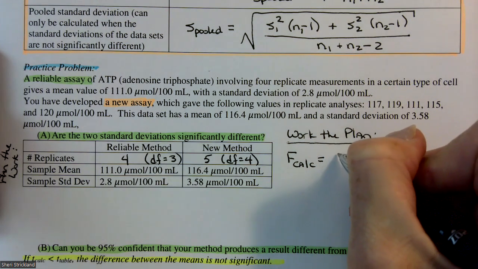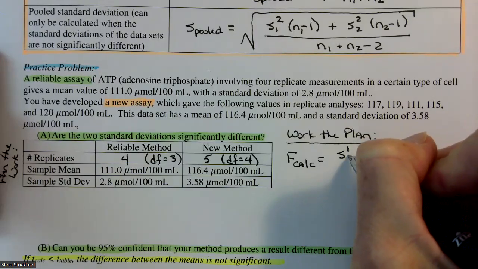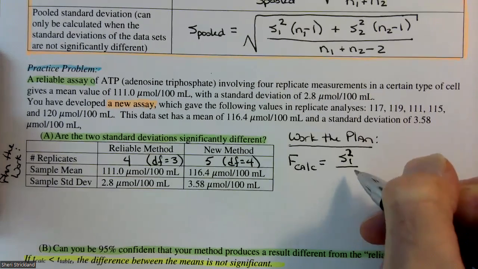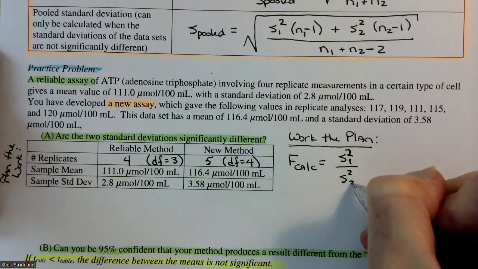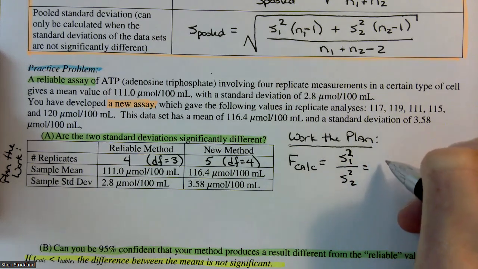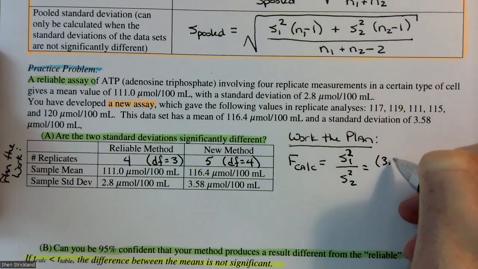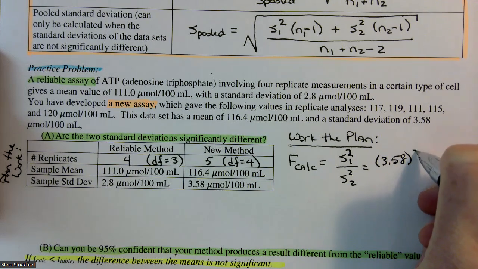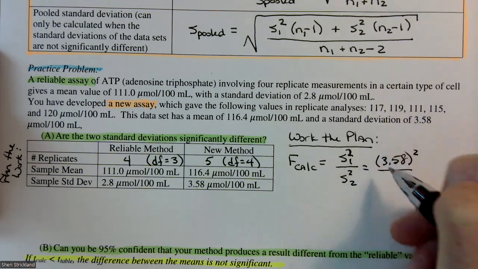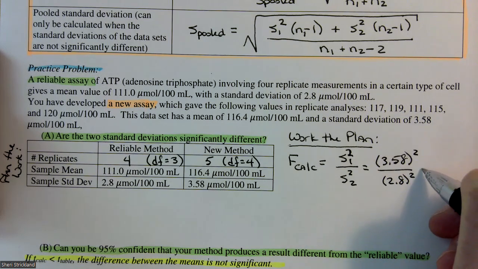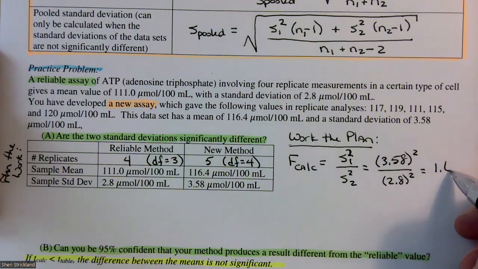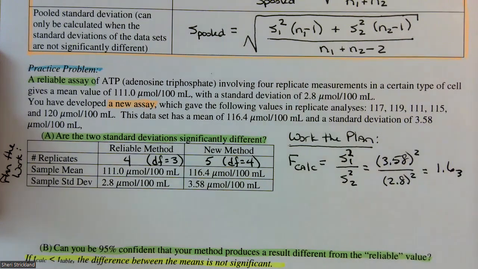So the larger standard deviation, as its variance goes in the numerator, the smaller one in the denominator. So that gives us 3.58 squared divided by 2.8 squared, 1.6, and we'll keep the 3.